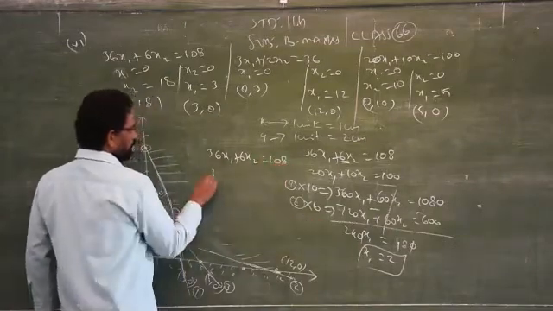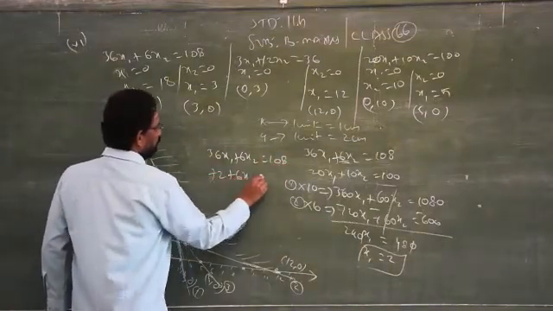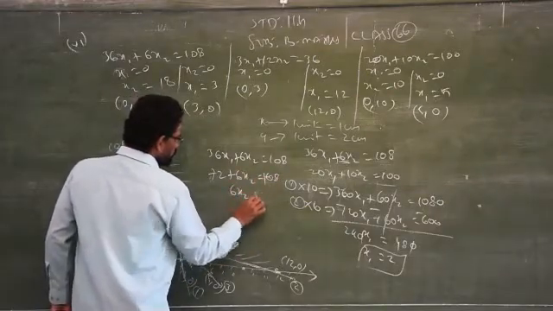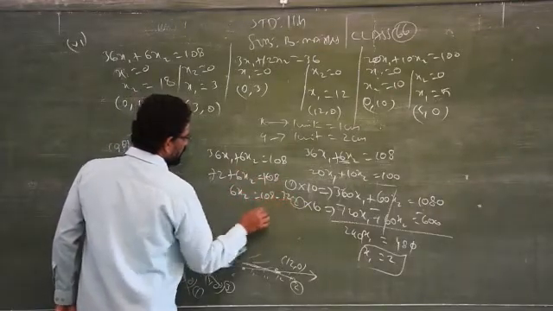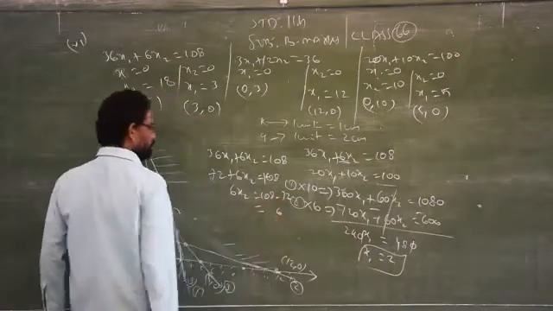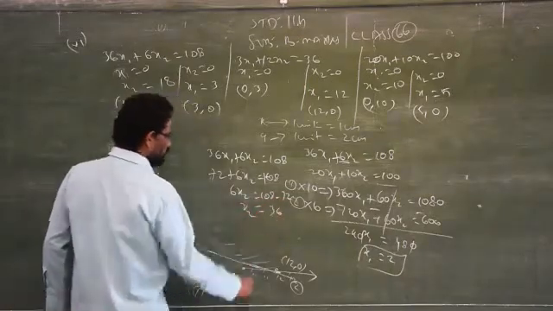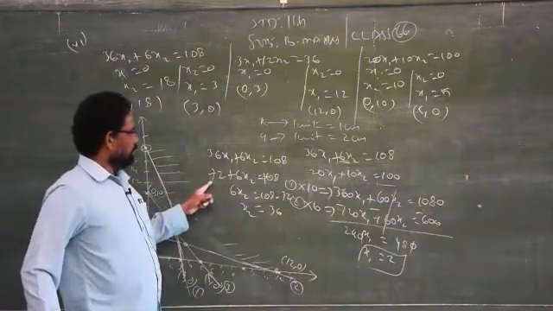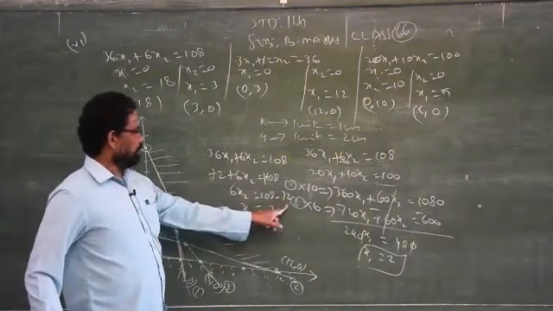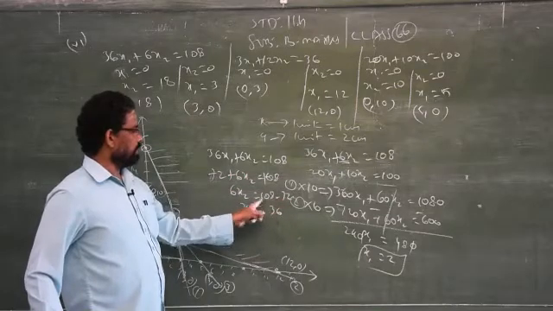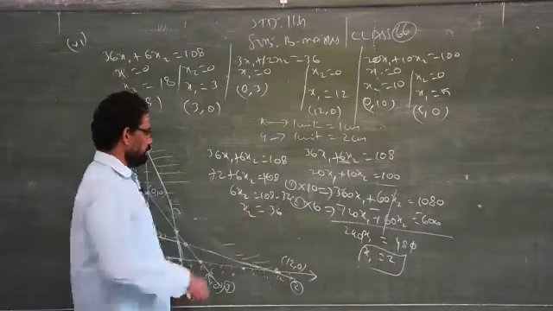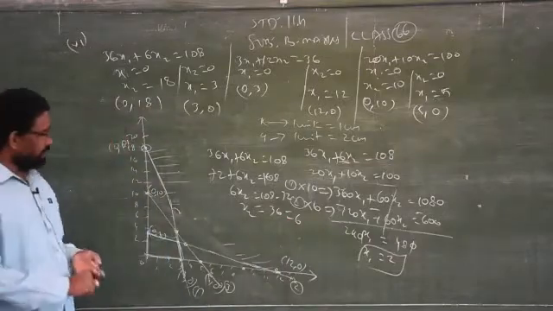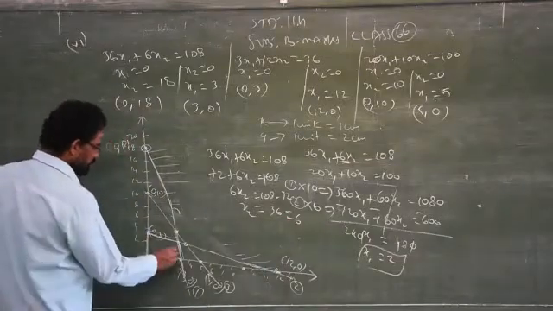Replace x1 by 2, you will get 6 plus 6x2 is equal to 108. Then 6x2 is equal to 108 minus 6, which gives 36 by 6, so x2 is equal to 6. You have to check whether it is correct or wrong by simplifying this one.